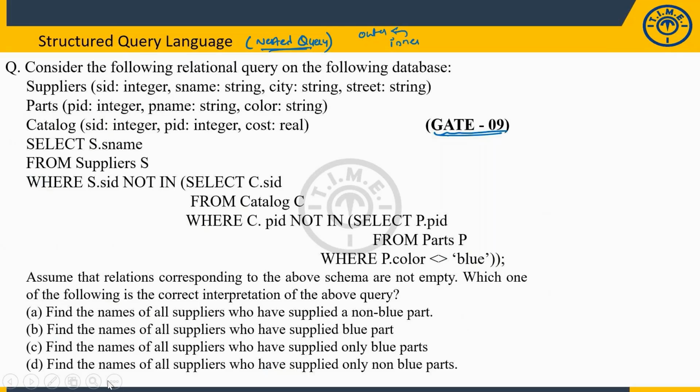Option A: find the names of all suppliers who have supplied a non-blue part. Option A is Ravi. Yes, sir. But option A is wrong, Ravi. I'm giving option B, sir. Okay, B for Balaji. Very good, Balaji, this is also wrong.